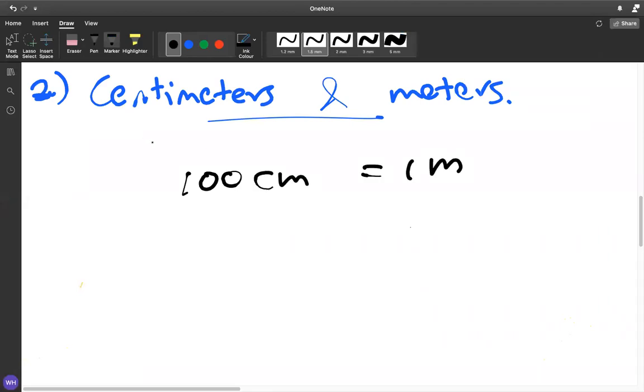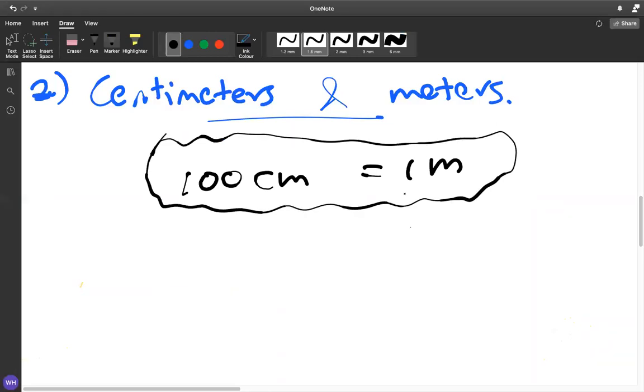It is equal to 1 meter. Okay, write it like this. Quickly, yeah? Good job.